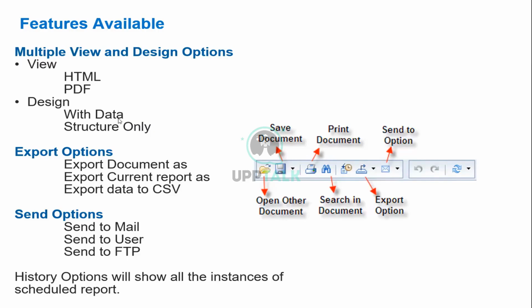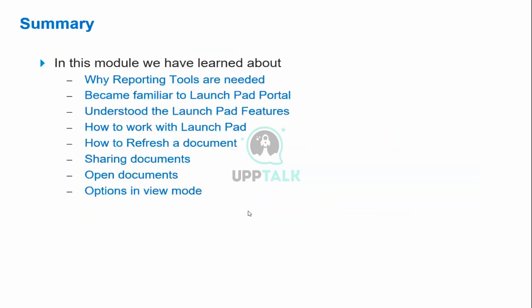Design mode: we have two options, we can design with the data being there in the report, or we can keep only the structure and design the report. Export option: export documents, export current report as, export data to CSV. These are the options available. Send option: send to mail, send to user or send to FTP. History options will show all the instances of the scheduled report.